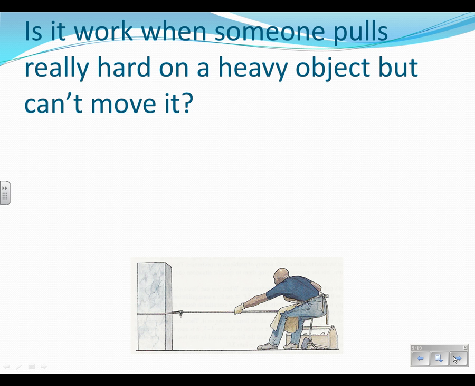Does that make sense? Yeah, I guess it's like the static friction. Yes, so in that case there are other forces influencing it. He is not doing work on that object because his force is not causing its energy to change. If we could get rid of the static friction, he would do work.